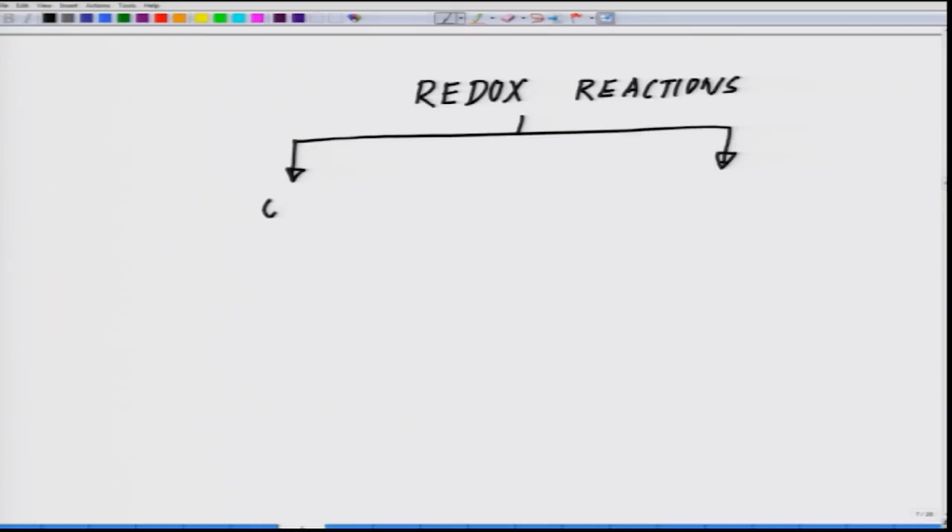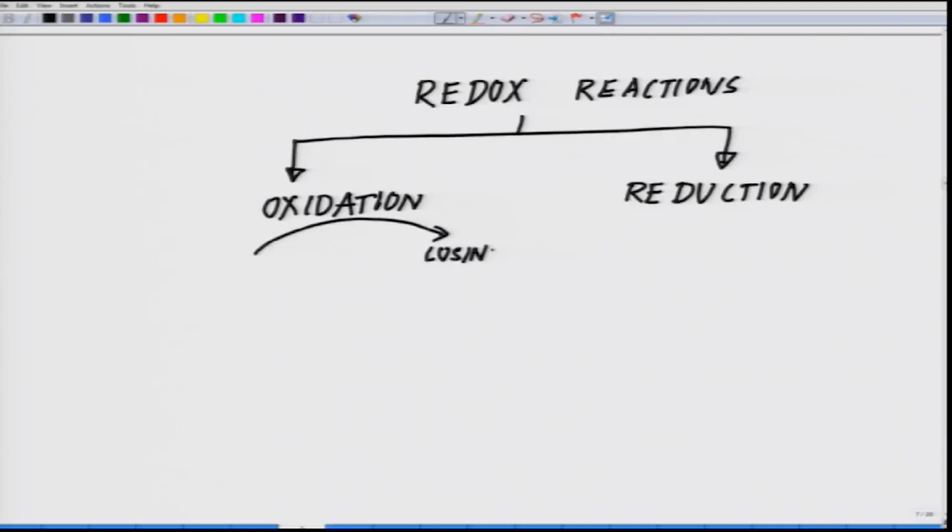One is oxidation, the other one is reduction. When we talk about oxidation, we are essentially talking about somebody losing an electron, whereas reduction is somebody gaining an electron.